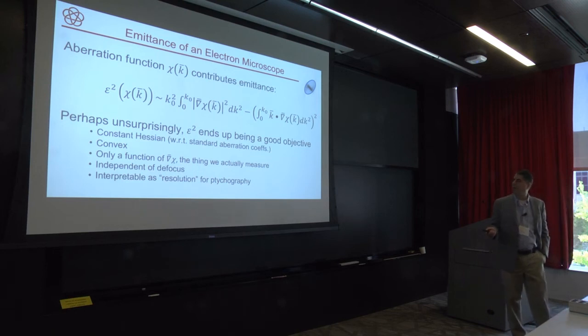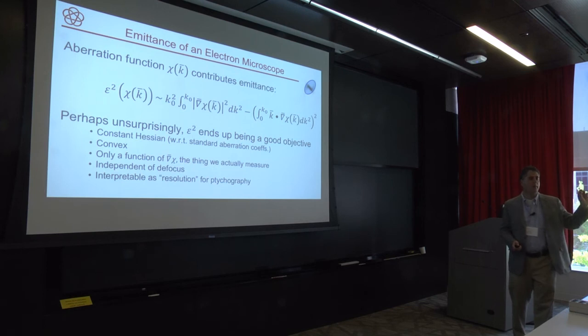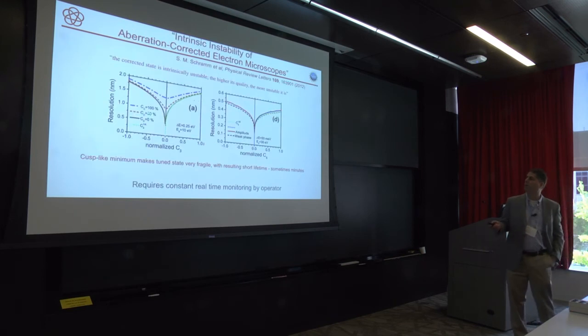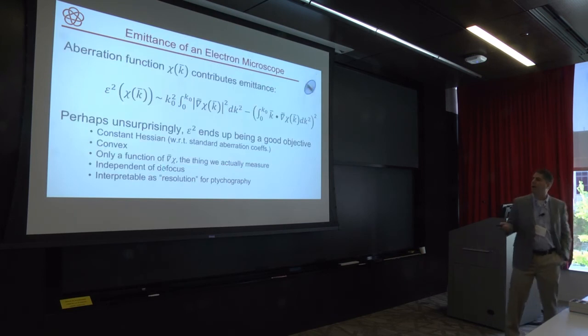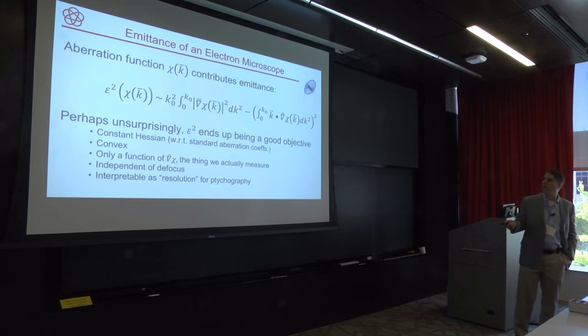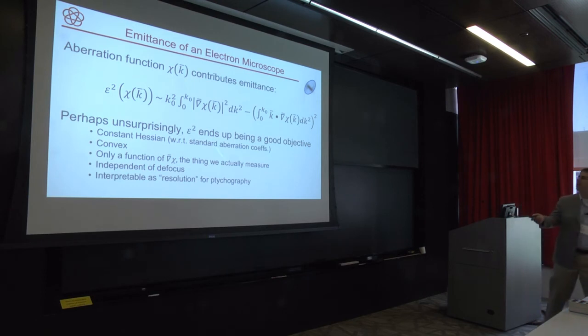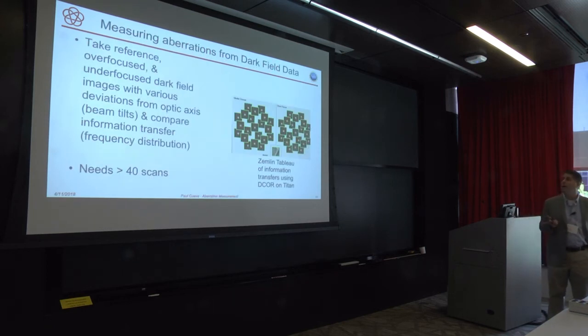It's independent of defocus, and that's important because defocus is the aberration that's only a few nanometers in size, and that's the one that drifts out. So the reason this thing looks horrible is the defocus is messing you up. Once I remove defocus from the equation, this metric is actually well behaved and stable. And so if we minimize emittance and not resolution, we think we can reliably tune this thing up much better. So that's a big deal.